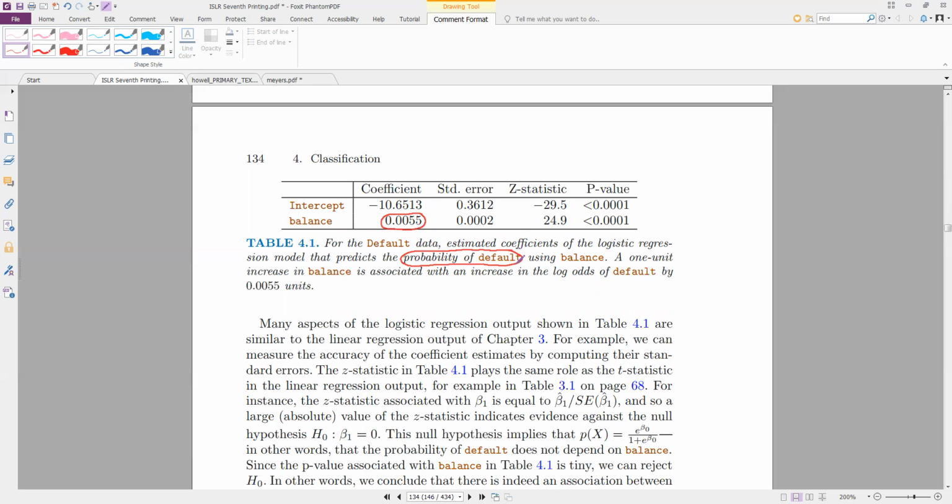So right away, that should make you think: we're predicting the probability of default, even though default is 0, 1. So what's going on is we're converting the 0, 1 to a probability scale. That's how we're able to get the probability of default.